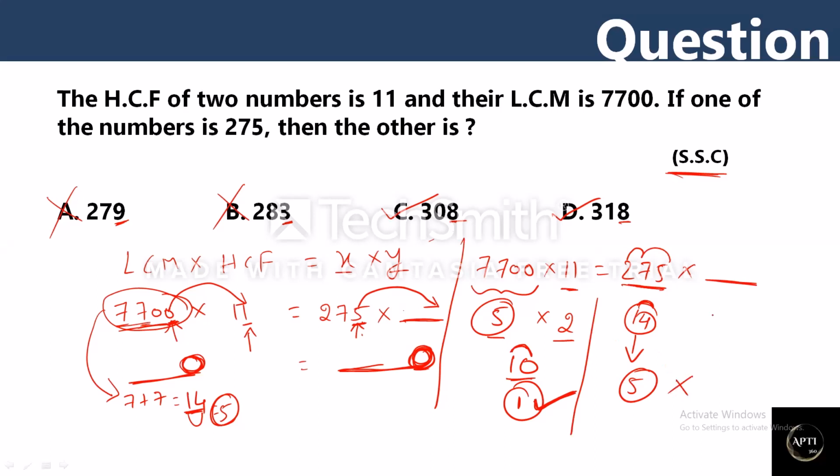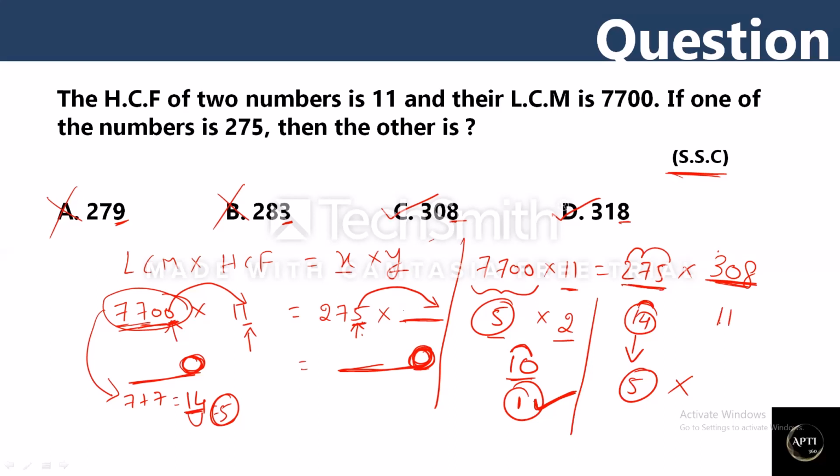5 multiplied with which value do we need to consider? Already two options are eliminated based on the previous logic. This is one more logic. Now 308. If I consider 308, what's the digital sum for 308? 8 plus 3. What is 8 plus 3? 11, correct?